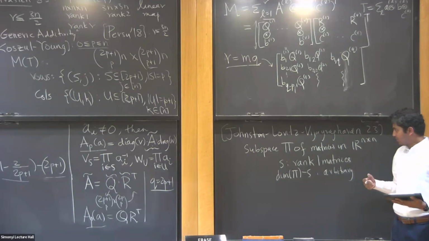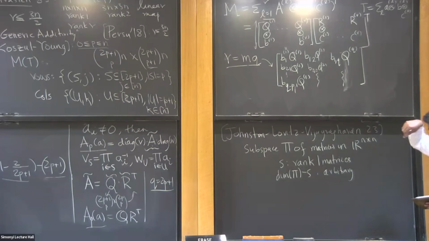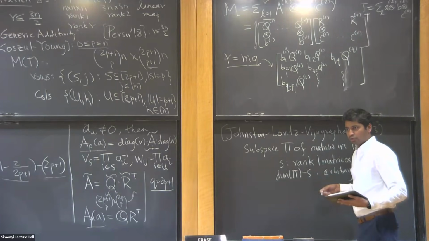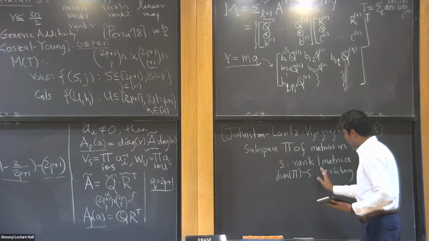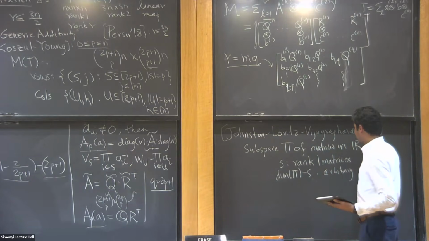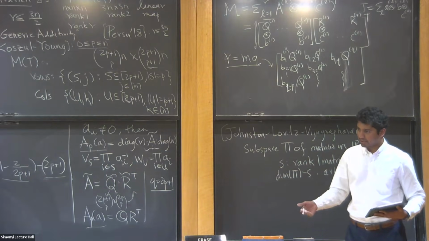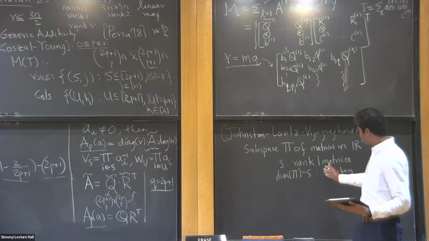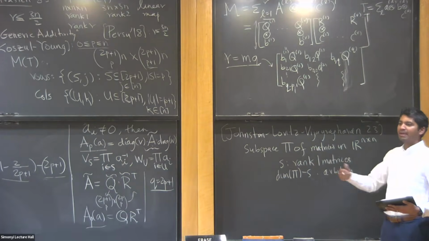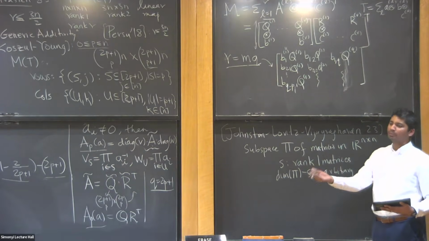Then, it is not so hard to prove this. The dimension of pi minus S is. So think of the case when S equals dimension pi first. Then I'm just saying that, choose S many rank 1 matrices that are generic and take their span. Now, what I'm allowing is that this subspace does have some basis, in the fixed basis I'm choosing, where some basis elements need not be rank 1.